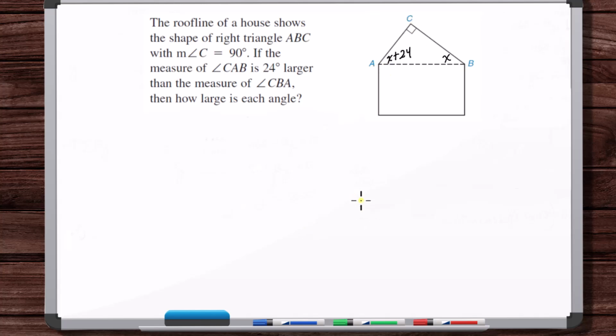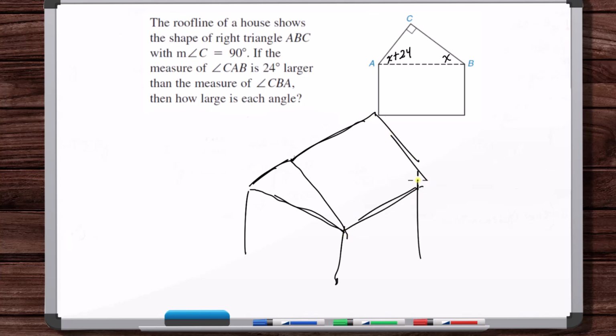You could think about the house being like this, and then the roof does this. From a straight view, just looking straight this way, it makes that shape, you see?